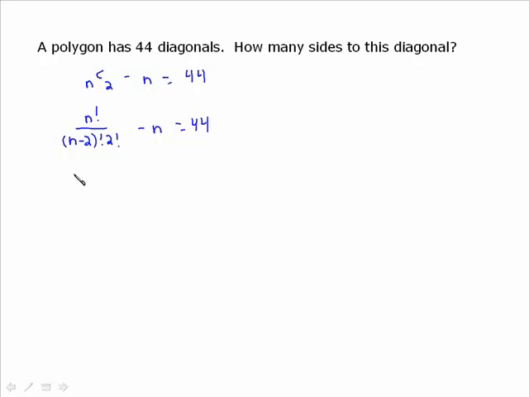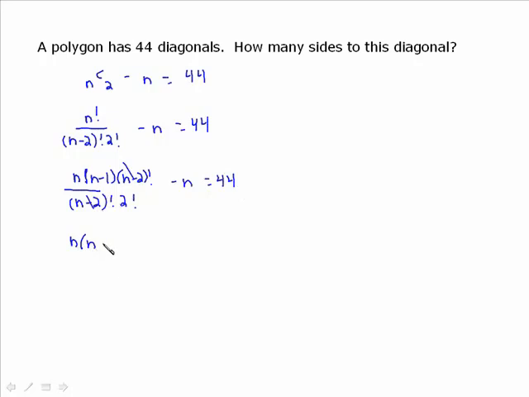If we simplify the factorial on the left, this becomes n factorial, which is n times n minus 1 times n minus 2 factorial. Expand until we can cancel. That's over n minus 2 factorial times 2 factorial, minus n, is equal to 44.